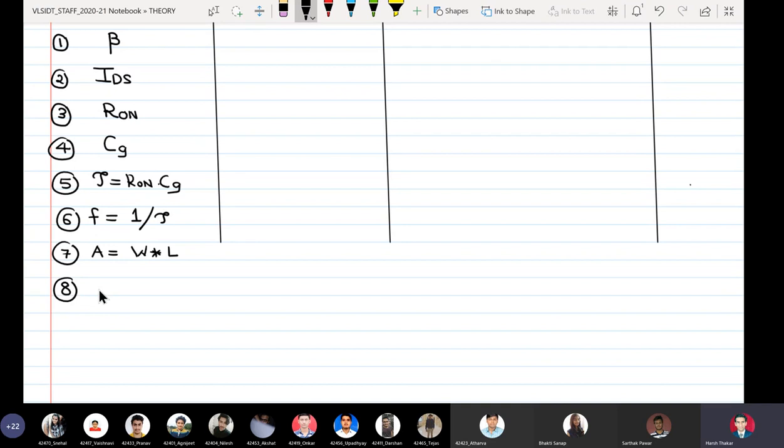And the eighth parameter is power dissipation, which is equal to Cg into... anyway, what we were supposed to write in the next column, I wrote it here, no problem. Tau, F, A and P.